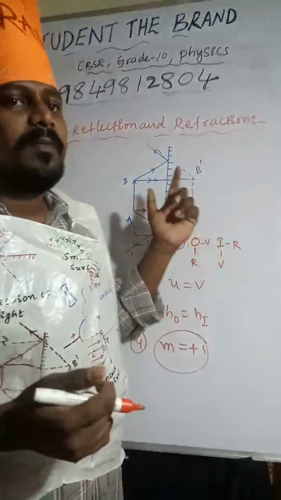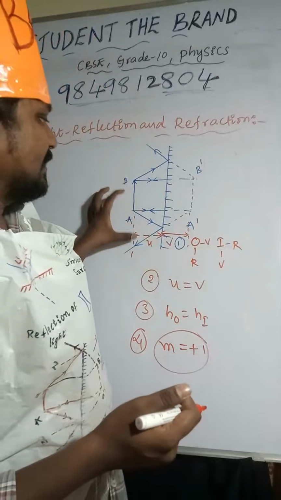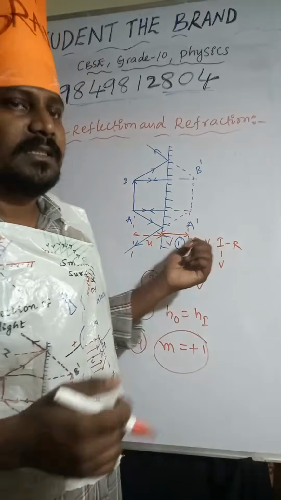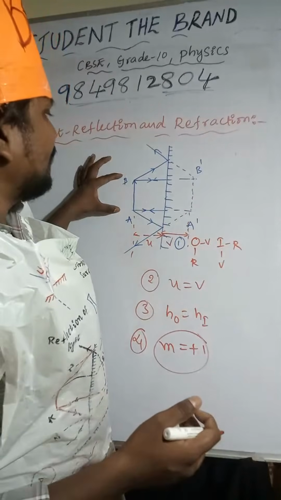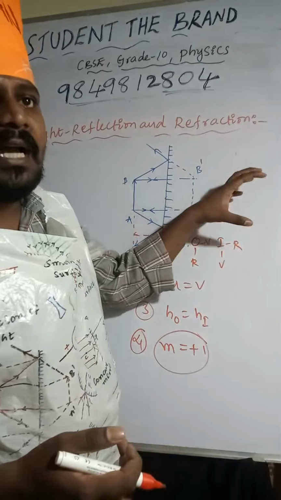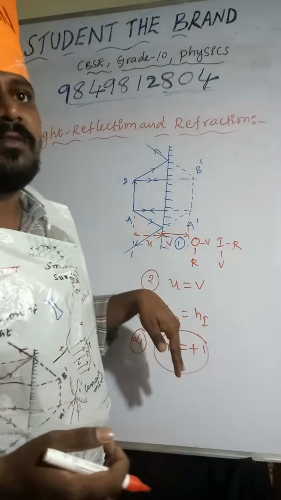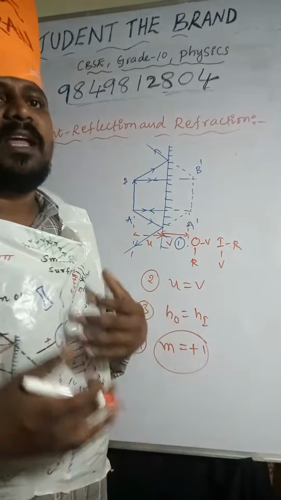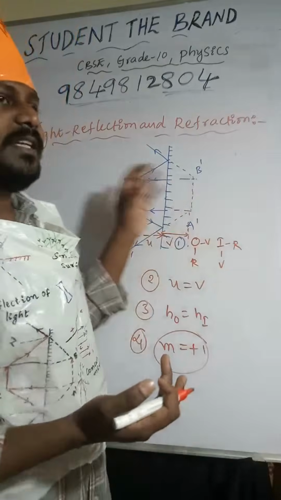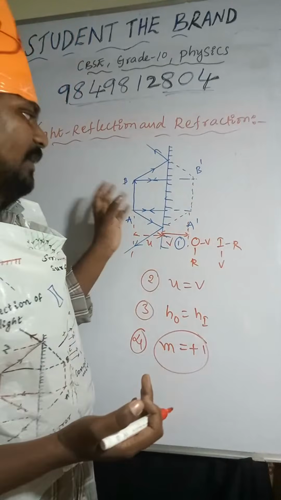Point number two, object distance is equal to image distance. Next, height of the object is equal to height of the image. And fourth, magnification of the plane mirror is +1. So this is the nature of the image formed by the plane mirror.